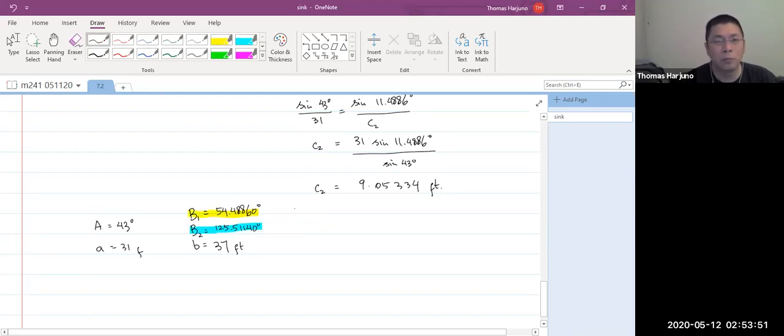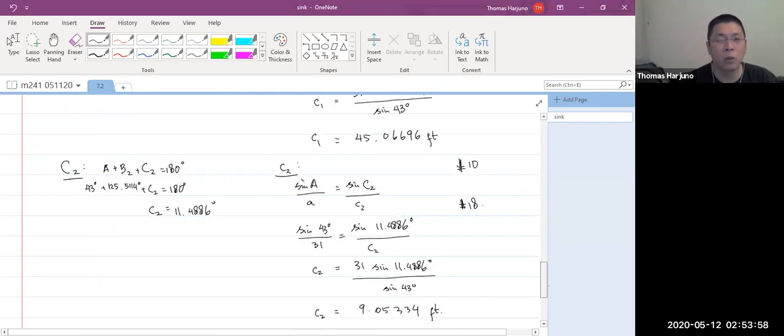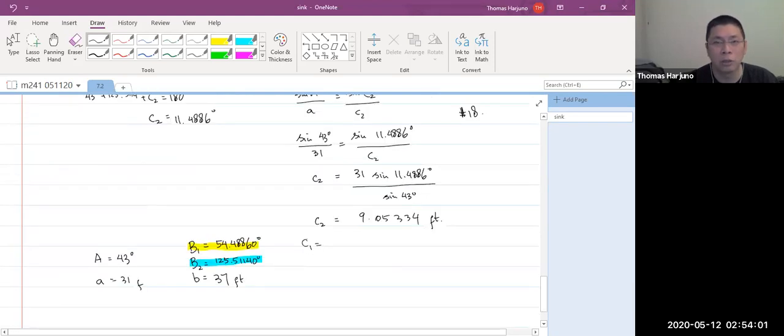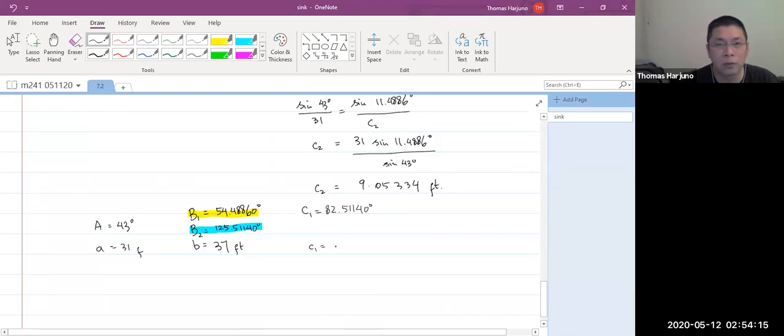Then for B1, it corresponds to angle C1. Angle C1 is 82.5110 degrees. And that corresponds to side C1, which is 45.06696 feet.